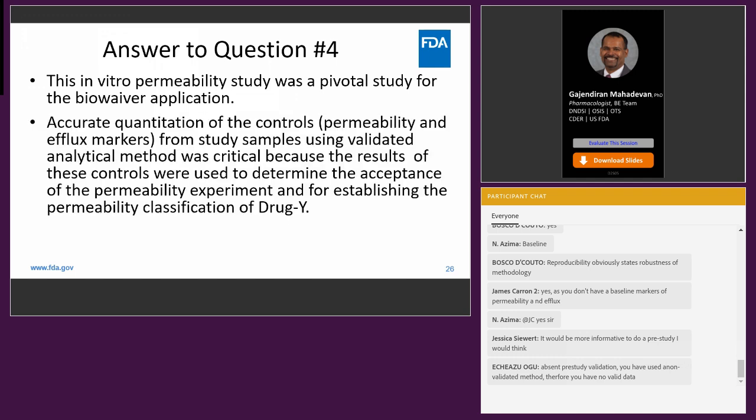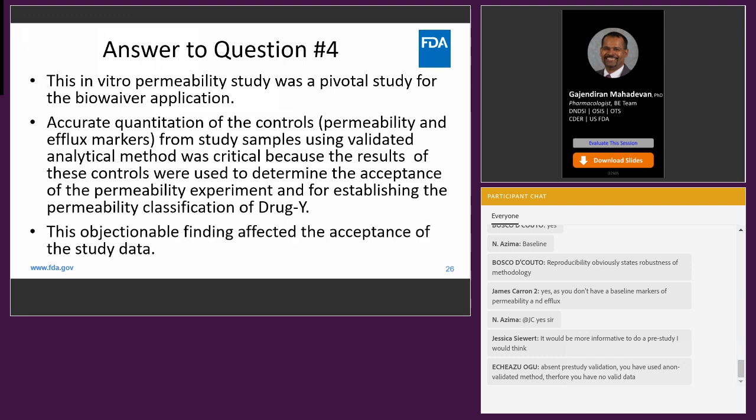Accurate quantitation of the controls, that is, the permeability and efflux markers used in the study, from study samples using validated analytical methods was critical because the results of these controls were used to determine the acceptance of the permeability experiment and for establishing the permeability classification of drug Y. Therefore, this objectionable finding affected the acceptance of study data.